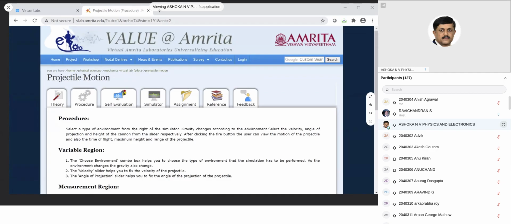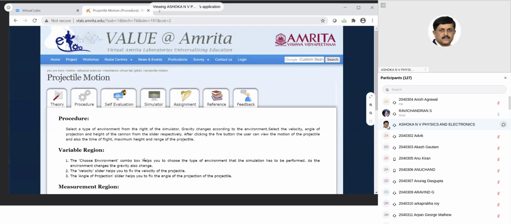So select the type of environment from the right of the simulator; gravity changes. You are all familiar: on the surface of the Earth it is maximum. As you move away it changes, and accordingly all the other values also change. That also, if you want, you can verify. So the first thing you have to do in the variable region is to calculate the time of flight, maximum height, horizontal range.